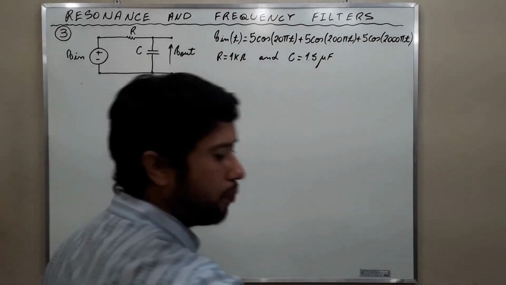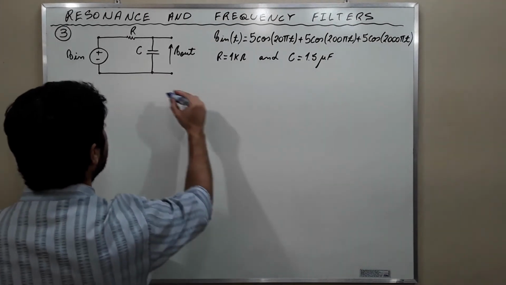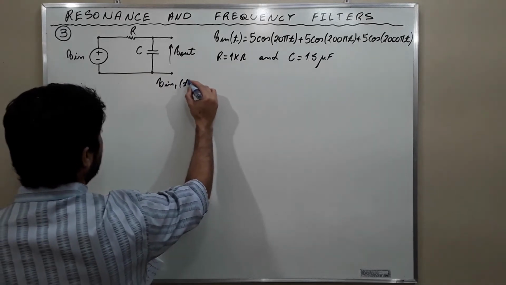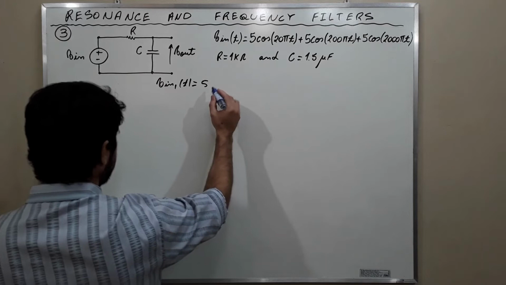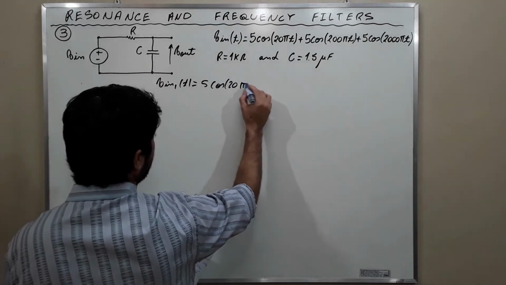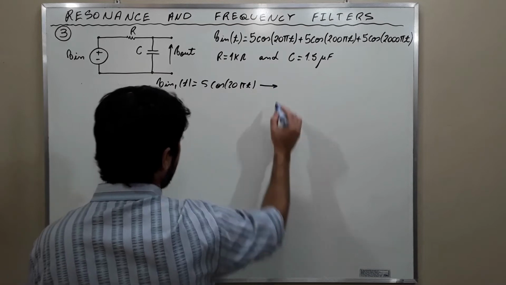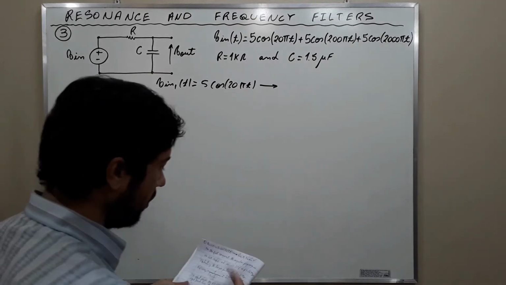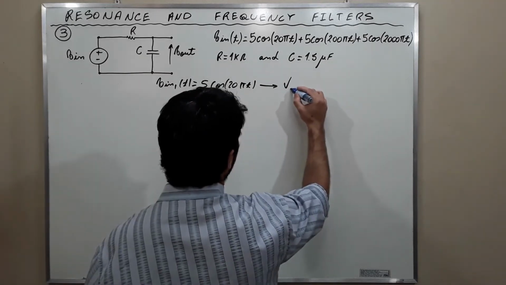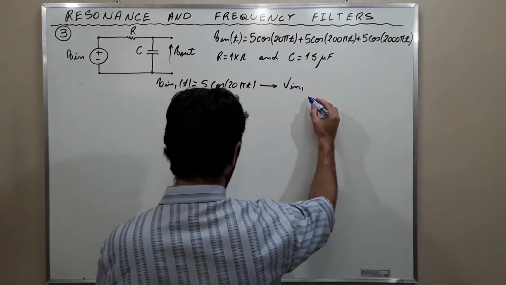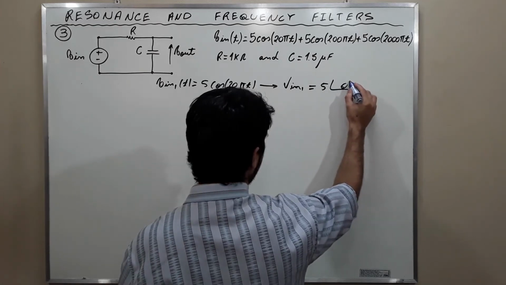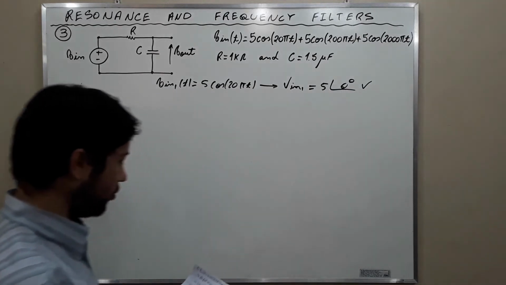The first component of the input signal is Vin1 of t equal to 5 times the cosine of 20 pi t, and the corresponding phasor is Vin1 equal to 5 phase 0 degrees volts.